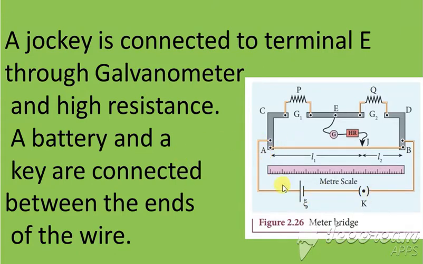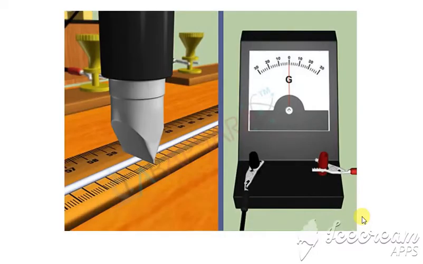Then how we use this: this is the galvanometer, and this is the jockey. As I told you already, this jockey will be moving over the scale. When you move it over the scale, you will see the deflections in the galvanometer.